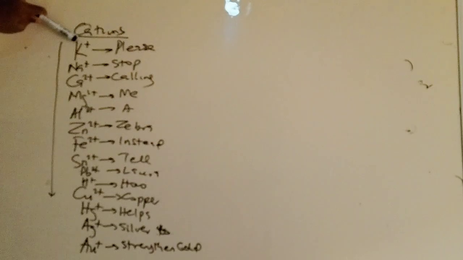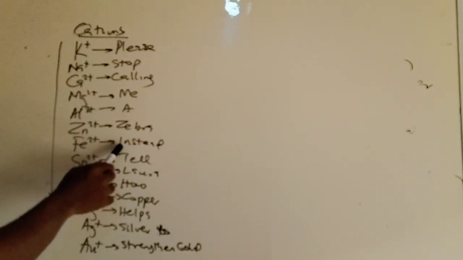So you look at the mnemonic, P stands for potassium. Another symbol, from kalium, the Latin word, is K. Stop, S stands for sodium. The symbol is Na, natrium, Latin word. Some of these mnemonics use the English names. C or Ca stands for calcium.